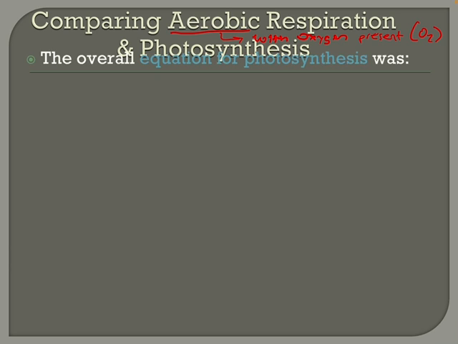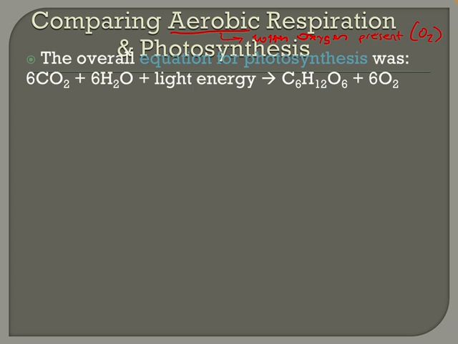Now, just to recap, the overall equation for photosynthesis, and this is what we learned in our previous video, is 6CO2 plus 6H2O plus light will give us C6H12O6 plus 6O2. That is photosynthesis. Now we're talking about respiration, right?